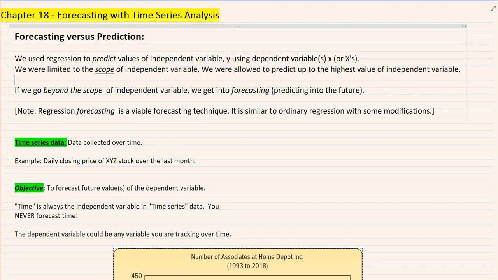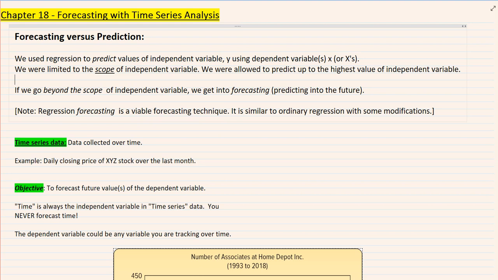We cannot go beyond. With forecasting, we actually talk about time series. What we would like to do is predict in the future. That's something we haven't done yet, although we did regression. But it's noteworthy to mention here that regression forecasting is indeed a forecasting technique.